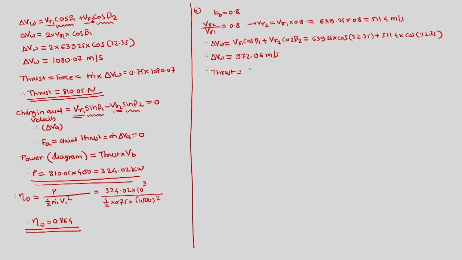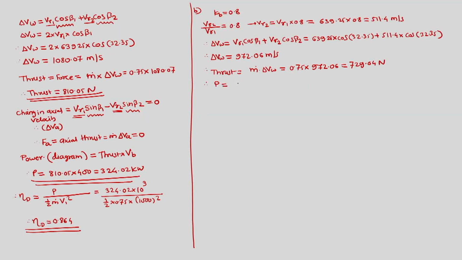So thrust is equal to m dot into delta VW, which is 0.75 into 972.06, and this we can find out as 729.05 Newton.